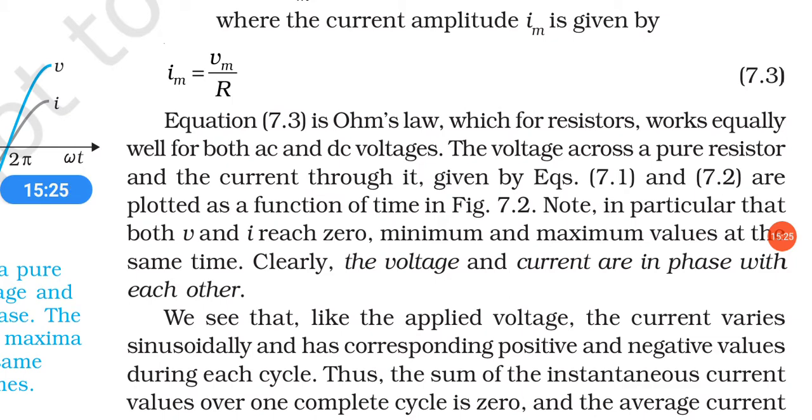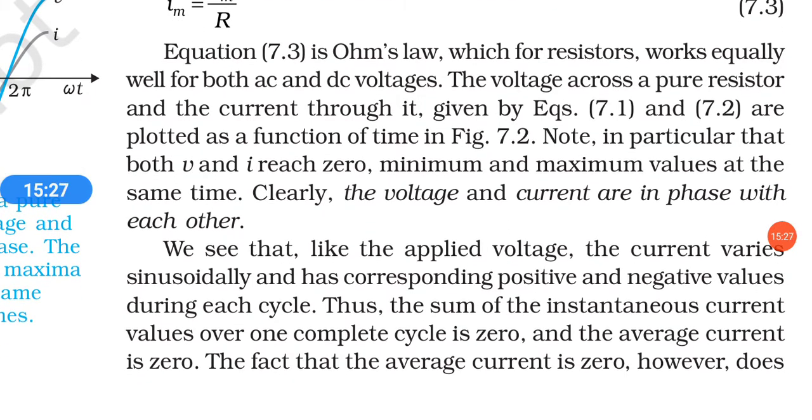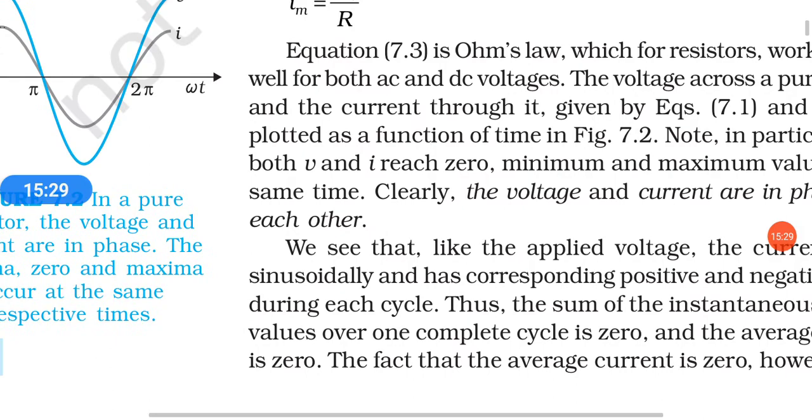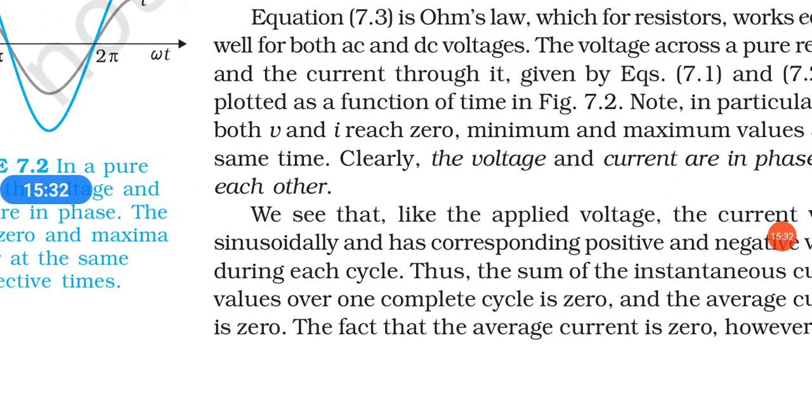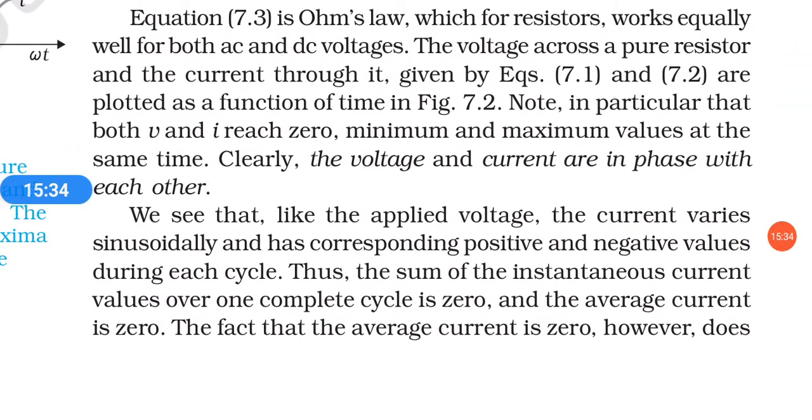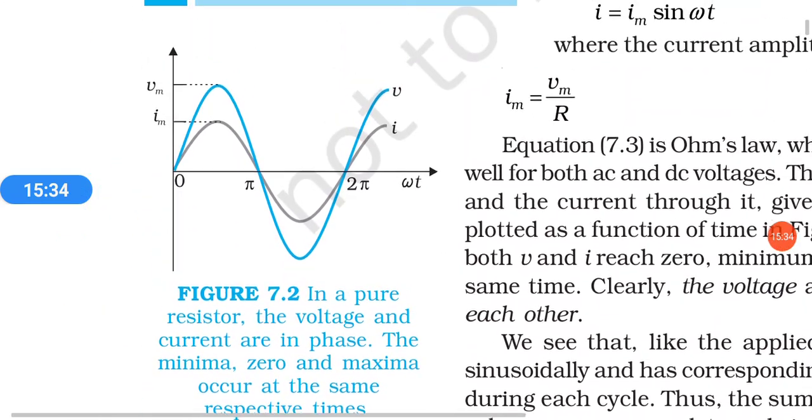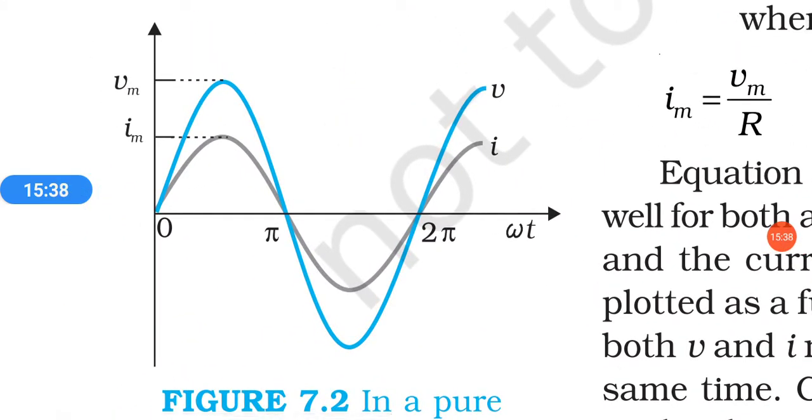Both V and I reach zero, the minimum, and the maximum value at the same time. Here the maximum value of I is here, and at that time the maximum value of voltage is here. Whenever it is zero, it is minimum: at that time voltage will be minimum and current will also be minimum.